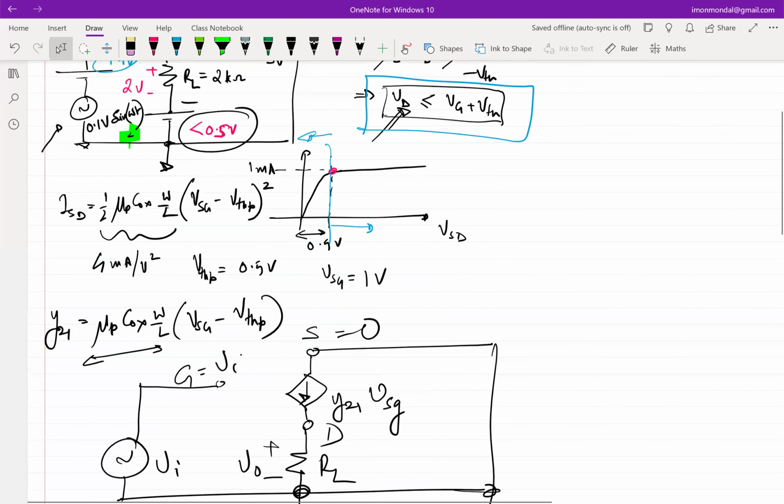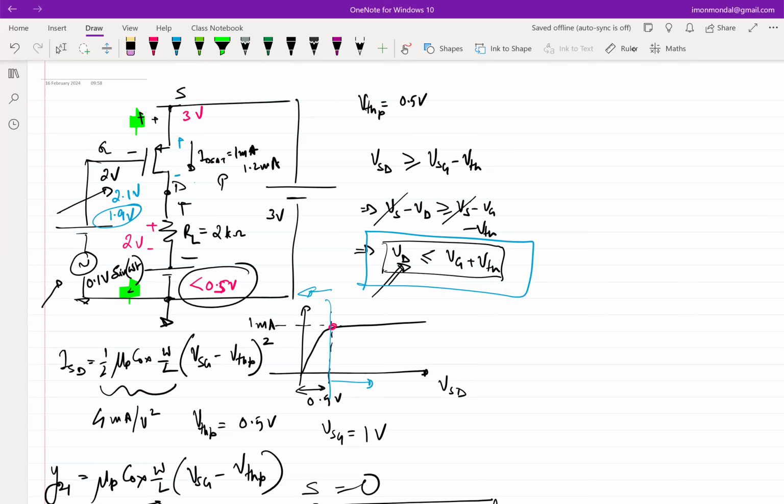So the input is 0.1 volt sine omega naught t, and the output, that is the voltage drop across RL, will be minus 800 millivolt sine omega naught t. So now can you see the issue? Do you have enough margin on the drain voltage so that it swings by 800 millivolts?